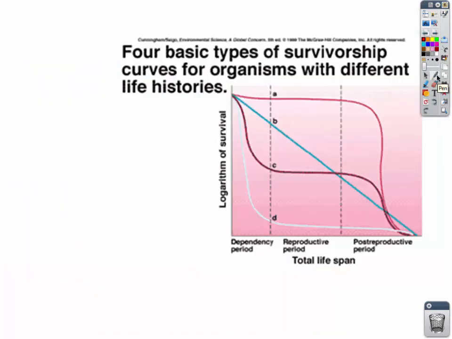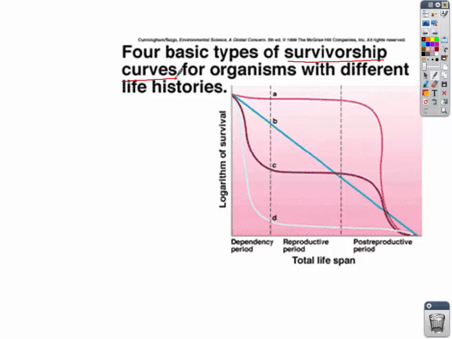Now, all those examples that we've been talking about so far have been more or less interspecific, across different species. Those are concepts that apply across species. The next topic about population is survivorship curves. These are more or less intraspecific. We're going to look at species themselves. And the best way to look at this is a nice graph here, the survivorship curves.